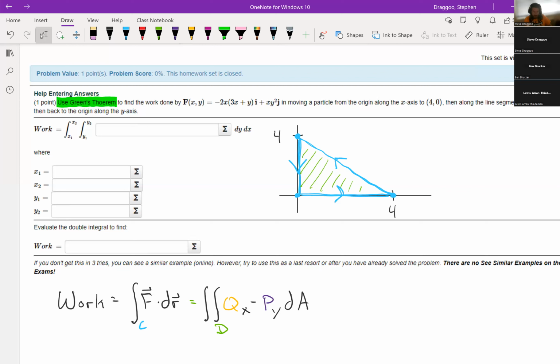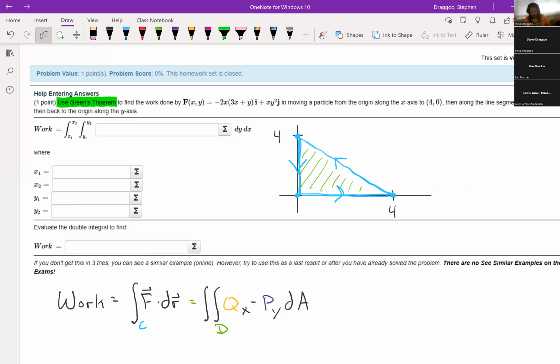So if I were going to do this the line integral way, I would parameterize each of my three boundary curves, which are just three lines, one that moves between every pair of points. Parameterize each thing, do a separate line integral over each of those three boundary lines, add them all up, I get my work solution.